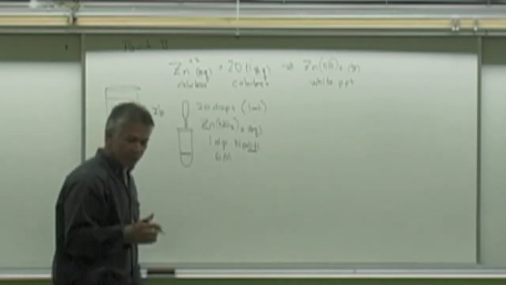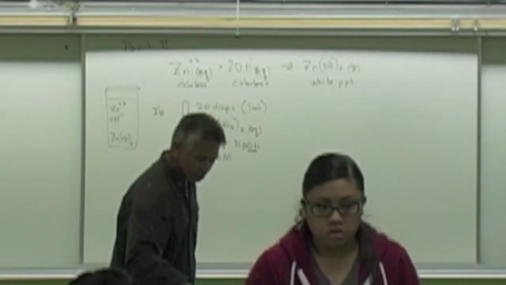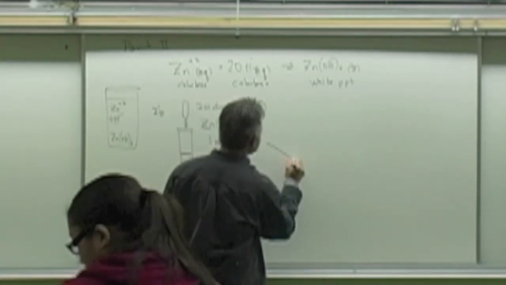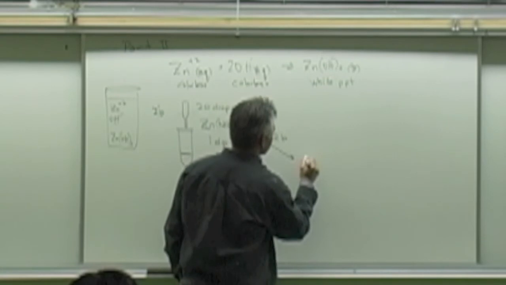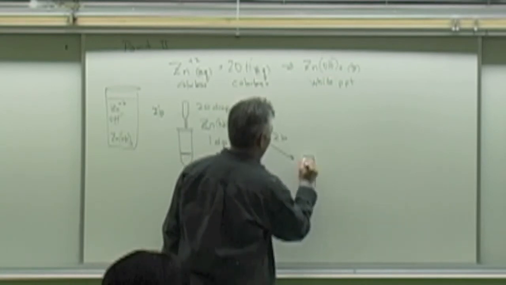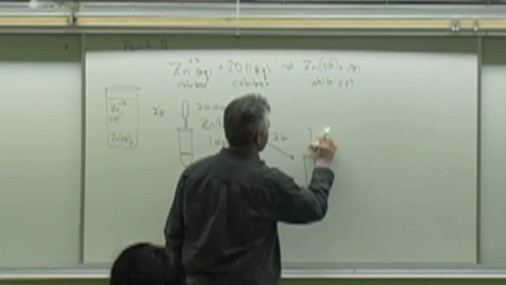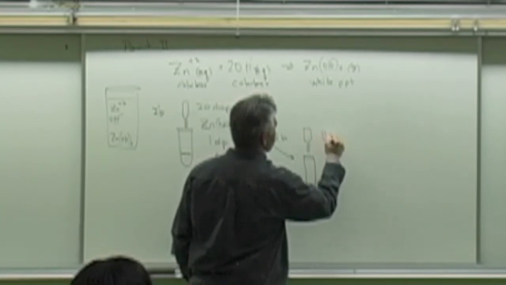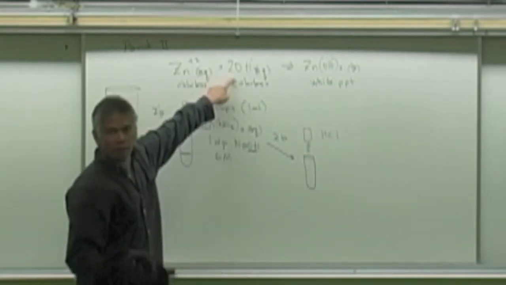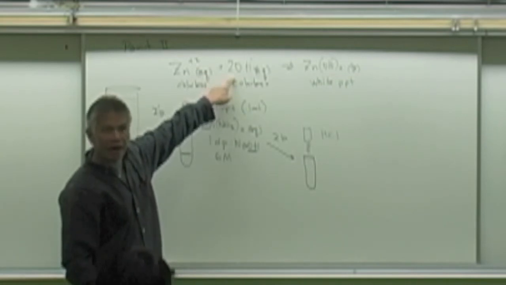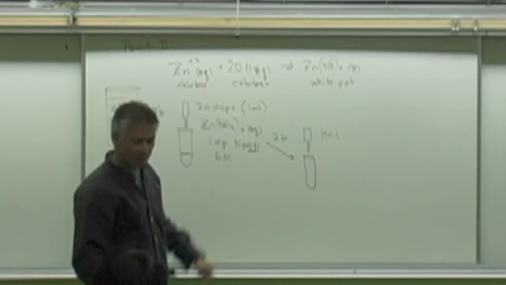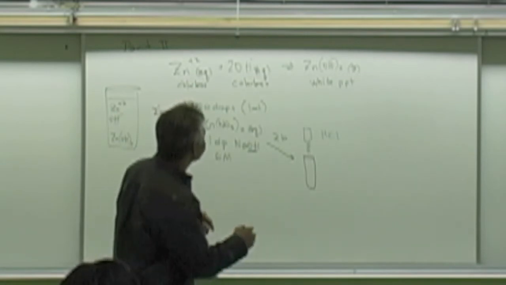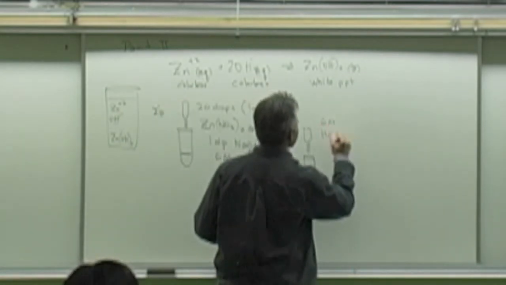Okay? Then in 2B, the next step, you're going to take that test tube and add hydrochloric acid. And again, you can see that from this equilibrium, the hydrochloric acid is going to attack that. Okay? So you add 6 molar hydrochloric acid dropwise.